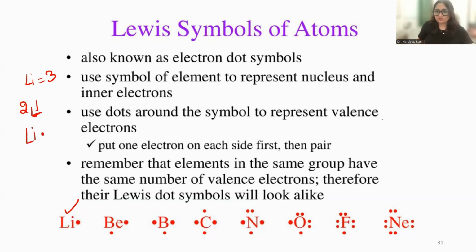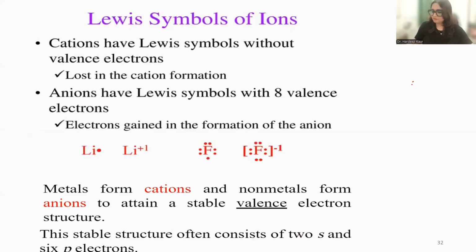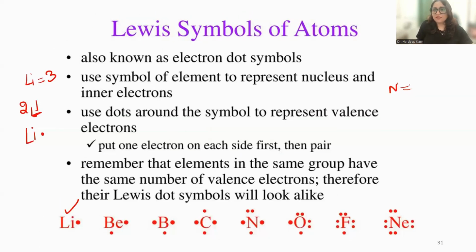Take the example of nitrogen, which has atomic number 7: hydrogen, helium, lithium, beryllium, boron, carbon, nitrogen. Its configuration is 2, 5, so nitrogen has 5 valence electrons. How do we represent them? In every direction, we first write 1 electron, then pairing starts.